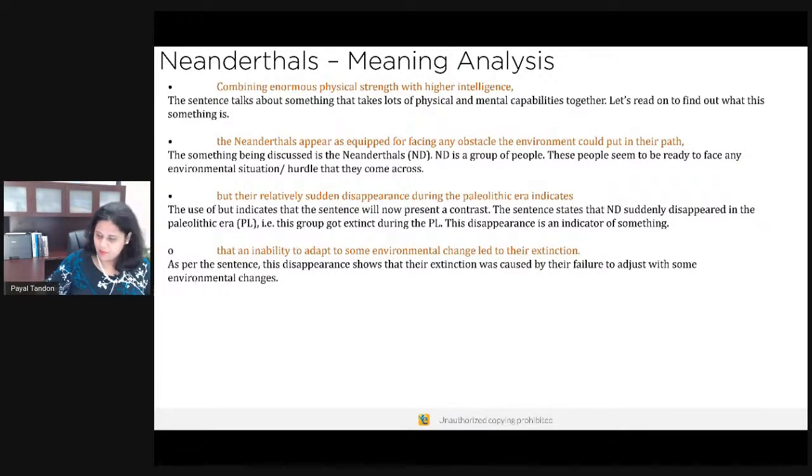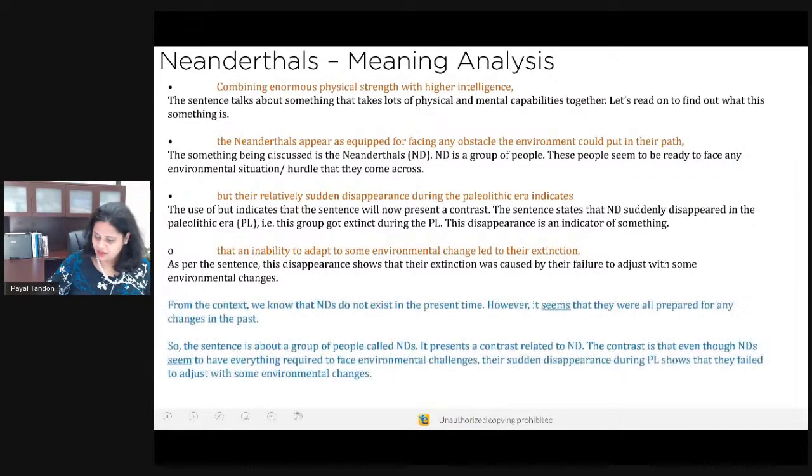All right. I'm going to now show you the summary as well. This is the summarized meaning, so go through it now.